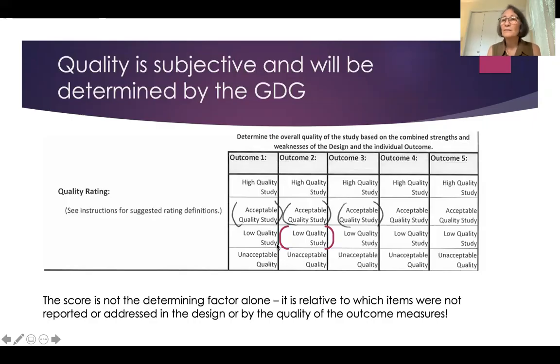This is all based on discussion, though. And this is where the guideline teams will take your scoring of part B, questions 1 through 12, and then questions 13 through 20, and make a decision here about whether they feel this study meets the quality that they want to include in the systematic review.